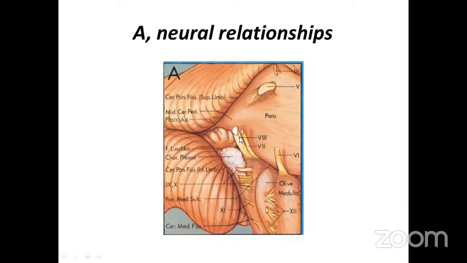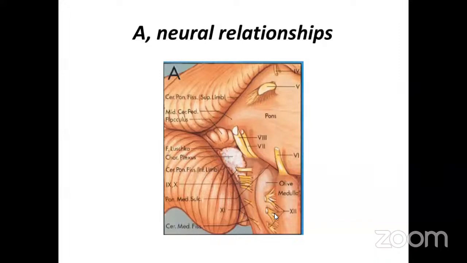So these nerves, starting from the vestibulocochlear nerve, go till the accessory nerve. They lie in the same plane. The facial nerve is 2 mm anterior to the vestibulocochlear nerve, and the glossopharyngeal nerve and the abducens nerve lie more anteriorly or in the medial direction.